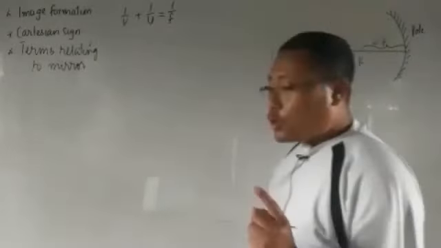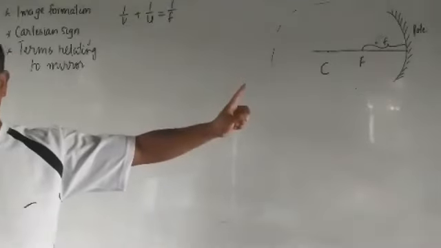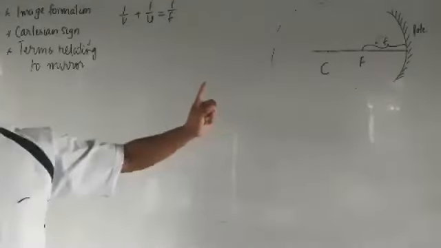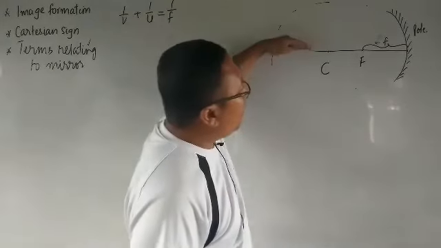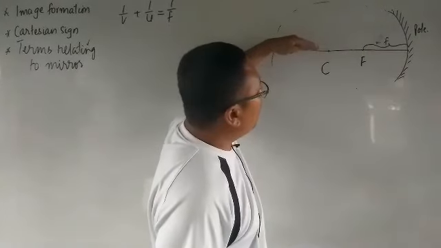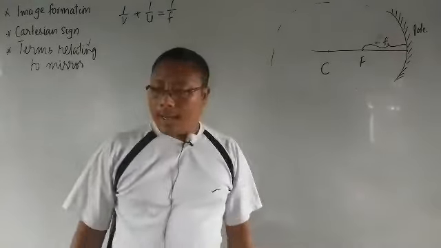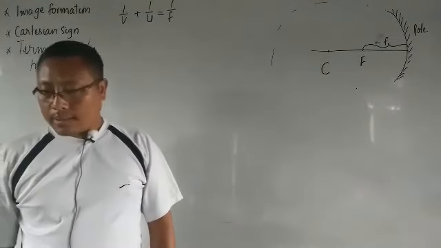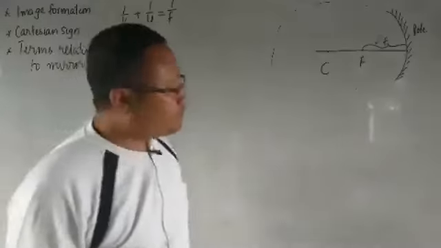The distance between the focus and the pole is called the focal length. And this imaginary line passing through the pole from the center of curvature is called the principal axis. That's the principal axis.